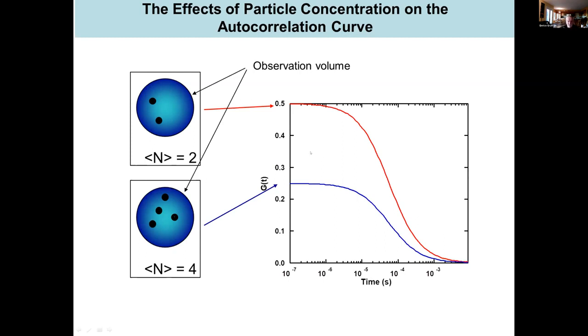So that means that the value of the G0, the extrapolated value, due to the one molecule that leaves and one molecule that comes in, is larger the fewer molecules I have. And so by measuring the amplitude of the fluctuation, I can measure something which is proportional to the number of molecules I have.